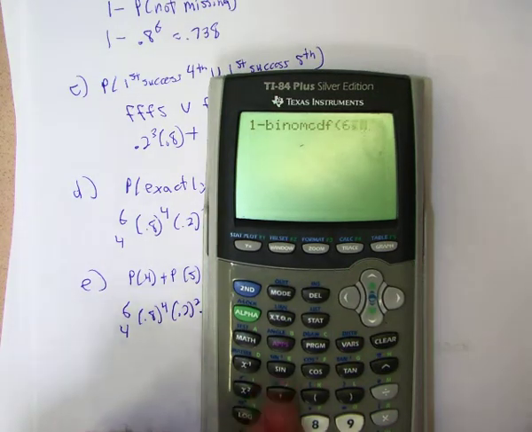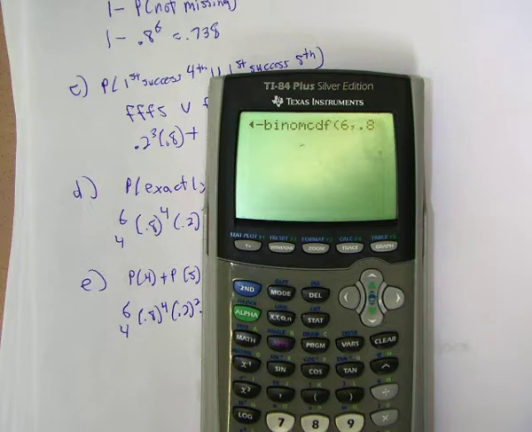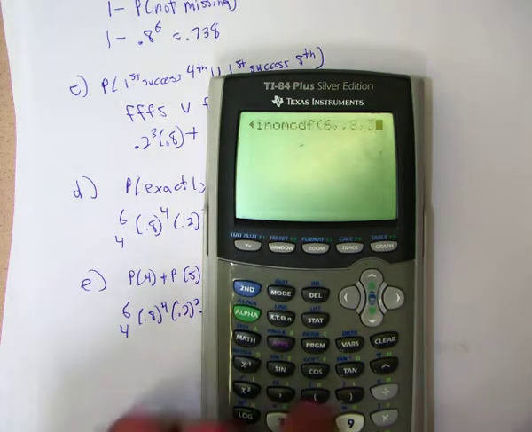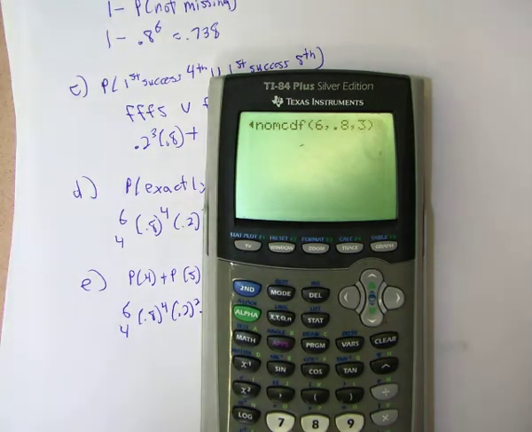I'm shooting 6 arrows with a 0.8 chance of success, and I want it to add up to 3, because that's what I'm going to subtract. I'm going to subtract from 1 the sum of the probabilities of 0, 1, 2, and 3 put together, and I get 0.90112.